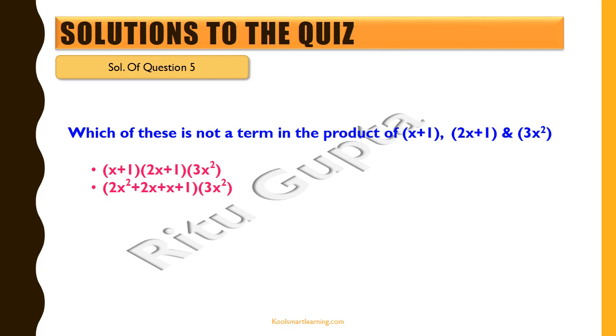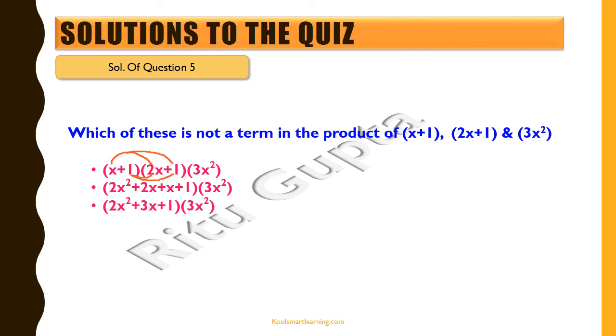Again, the simple standard way of doing it is each term multiplied by each term of the second polynomial. So we multiply x with 2x plus 1, and we multiply 1 with 2x plus 1. So we get 2x square plus 2x plus x plus 1, and multiply it with 3x square.